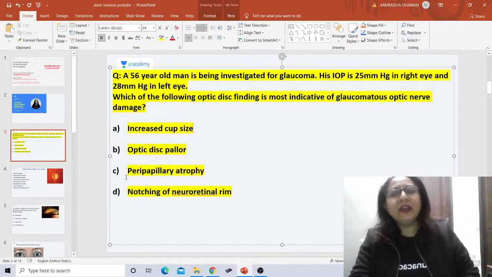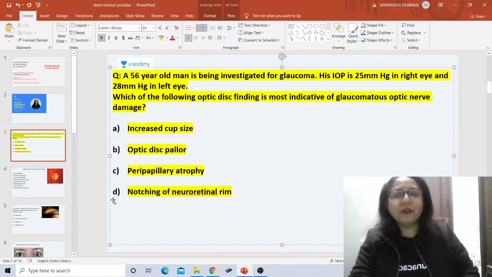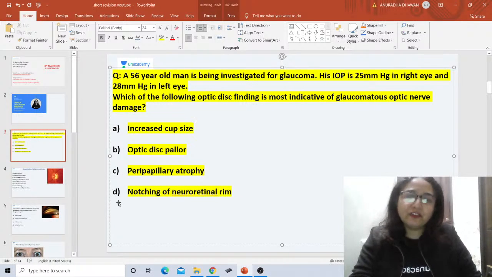Okay, then we have peripapillary atrophy. So atrophy around the disc area, again the peripapillary atrophy is not exclusive to glaucomatous optic nerve damage. Okay, so out of these choices, choice D, that is notching of the neuroretinal rim. What do we mean by notching of the neuroretinal rim?